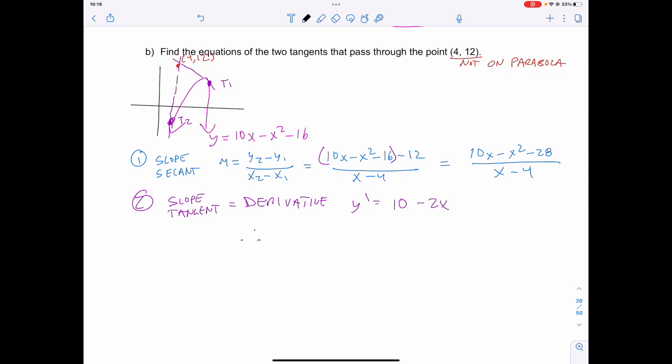Therefore, 10 minus 2x has to equal 10x minus x squared minus 28 over x minus 4, so that the slopes match up.